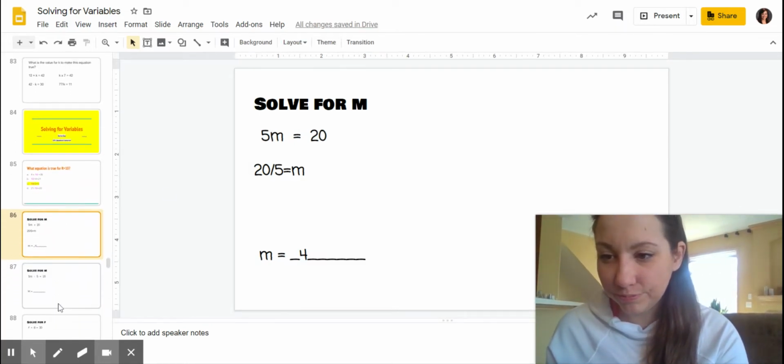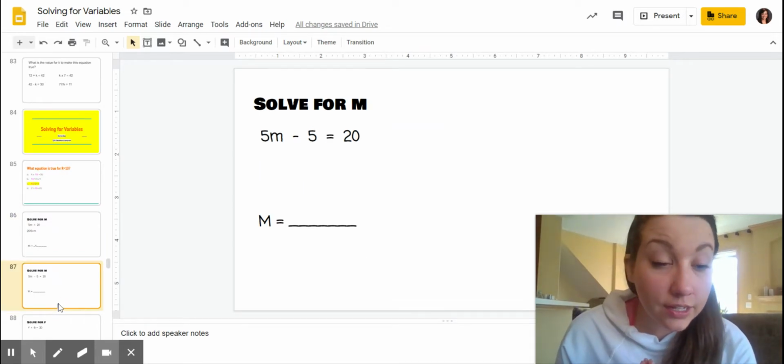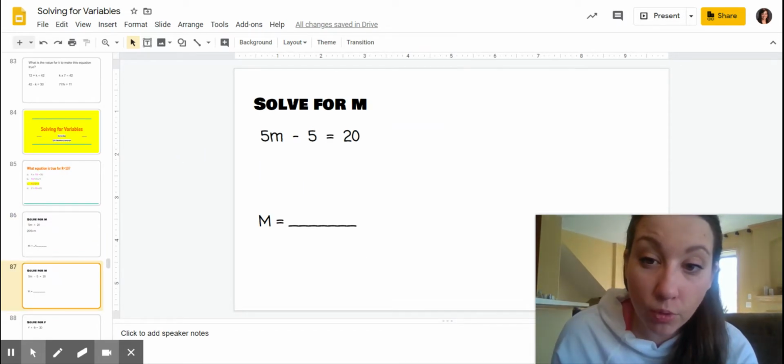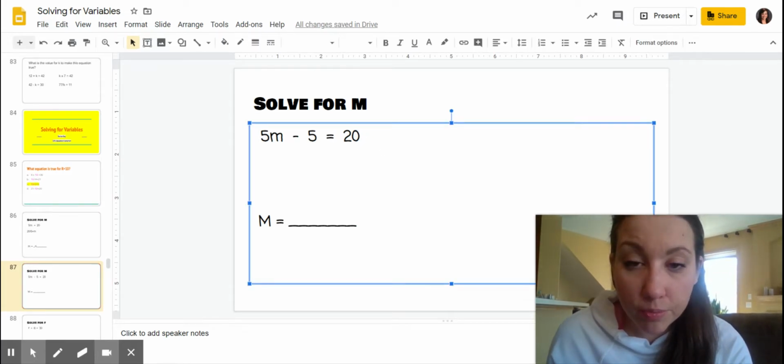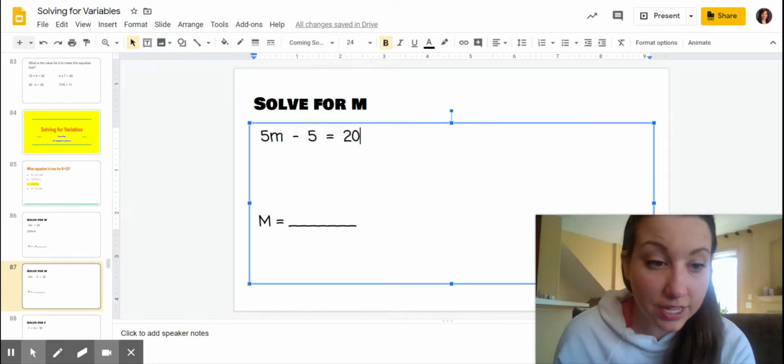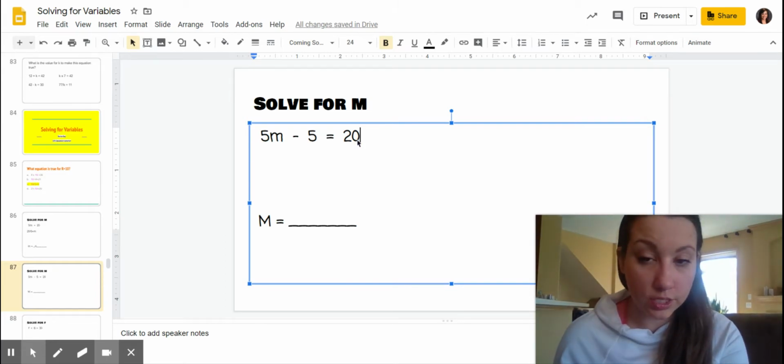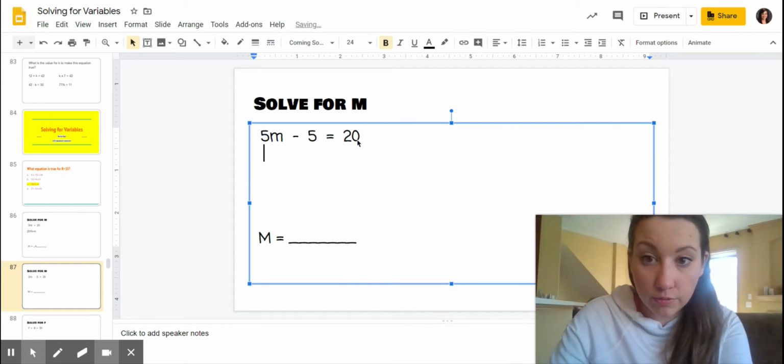On to the next. This got a little harder. It added one more step, minus 5. Back when we were in school together, we practiced doing things to each side of the equation to make them equal.